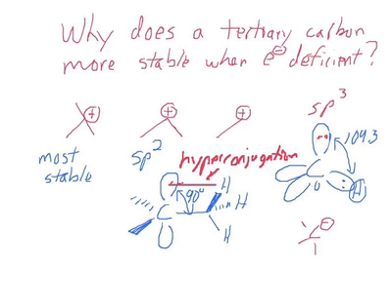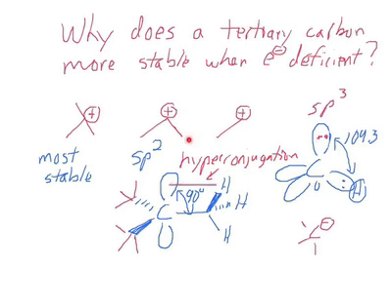More stable. A tertiary carbon has 9 adjacent sigma bonds: 1, 2, 3, 4, 5, 6, 7, 8, 9. So it's like having 9 little helpers, 9 hyperconjugation buddies. 9 hyperconjugation buddies is better than only having 1, 2, 3, 4, 5, 6, which is better than only having 1, 2, 3.